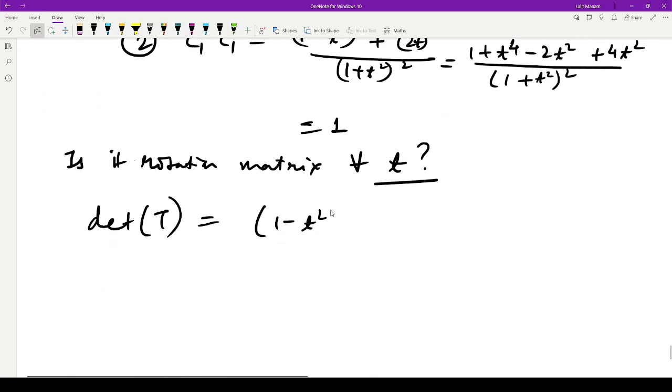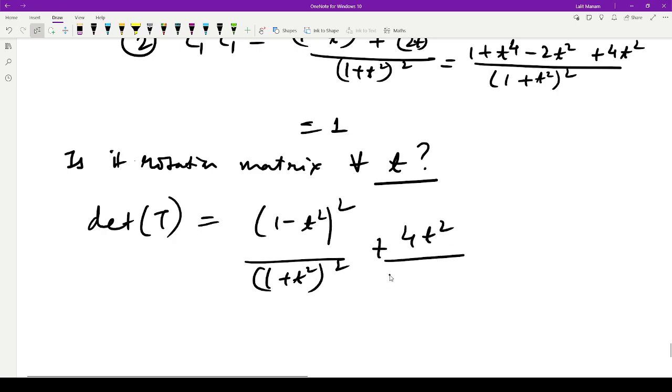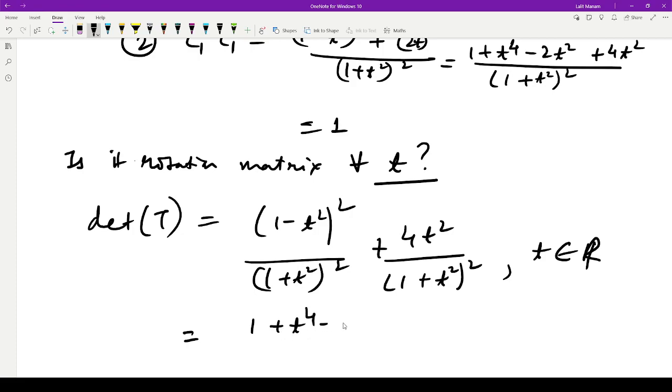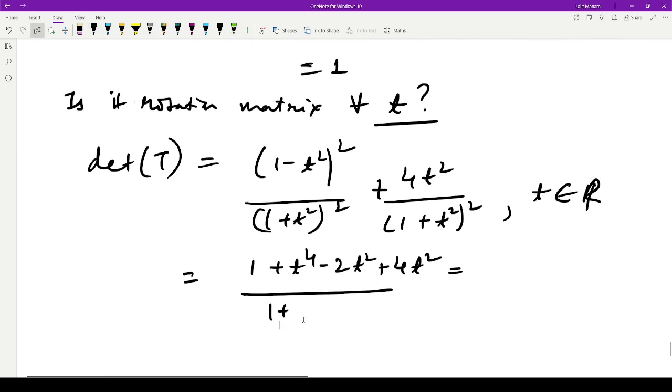It is 1 minus t square whole square upon 1 plus t square whole square, plus 4t square upon 1 plus t square whole square. So the denominator can never be 0 for any value of t in real space, right? And what about the numerator? 1 plus t to the power 4 minus 2t square plus 4t square. And the denominator is 1 plus t square whole square.